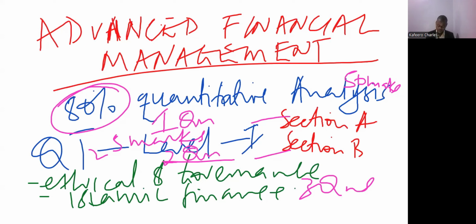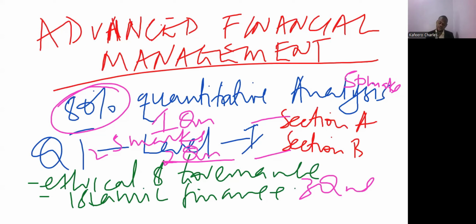The question on ethical and corporate governance plus Islamic finance may take 8 to 15 marks maximum. Most of the times, these theoretical aspects, Islamic finance and corporate governance, are set in question 1.